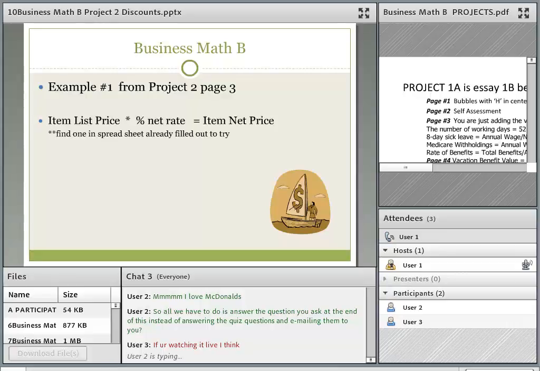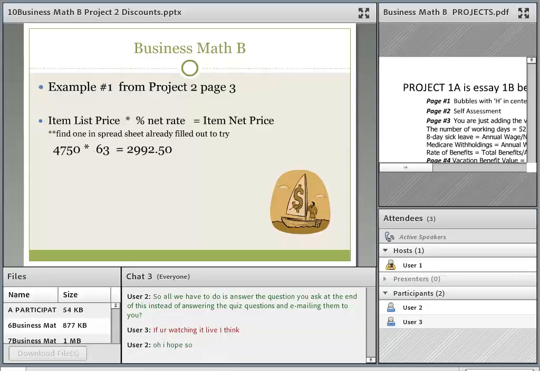So you can take that list price and multiply it by the rate to see if you get the net price, to see if it works. It's kind of like an experiment. This line's completely filled out, so I multiplied it just to see what I would get. And yep, I got the answer they had in the box. So now I know how to do the other ones.